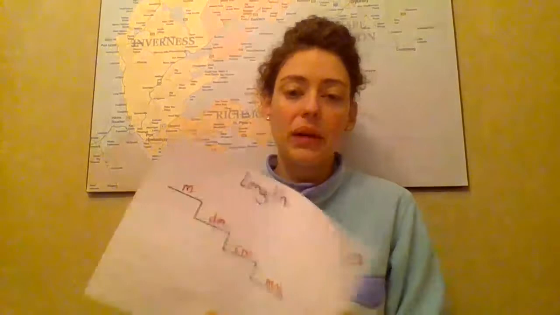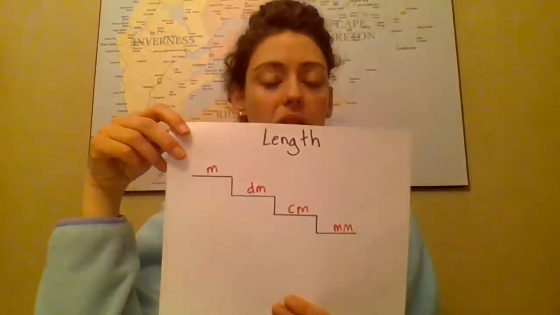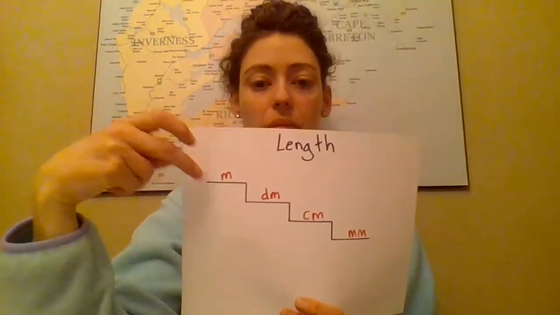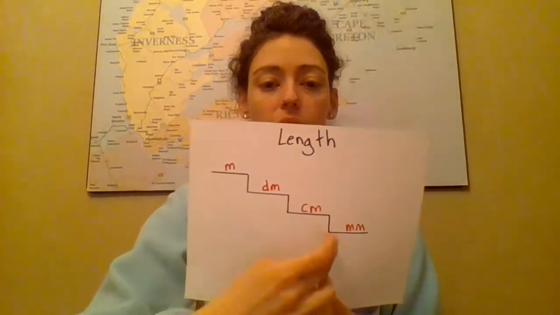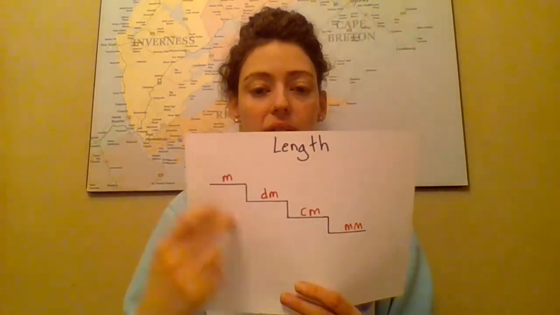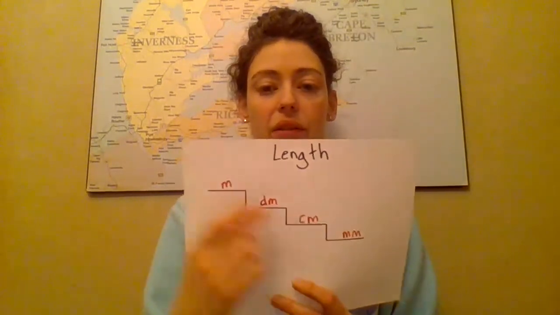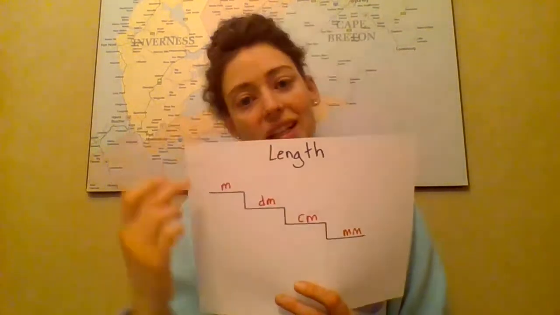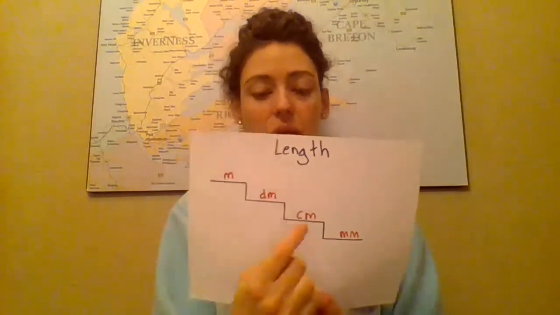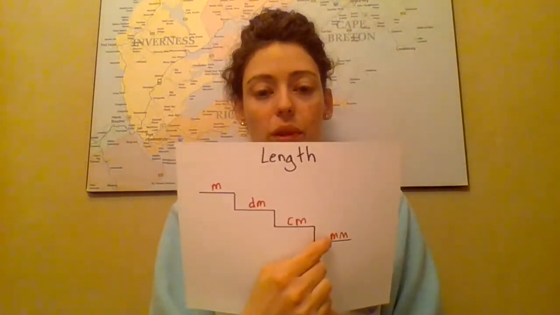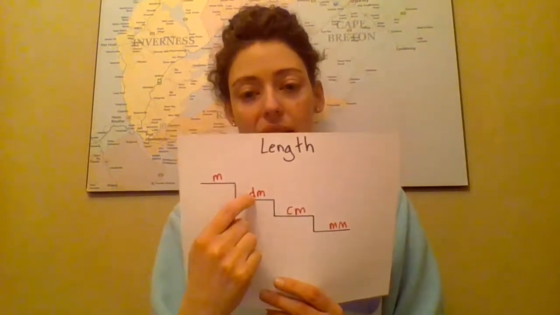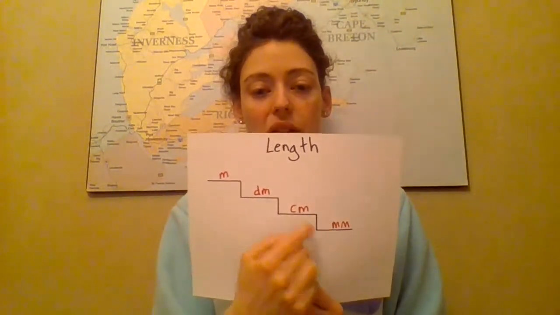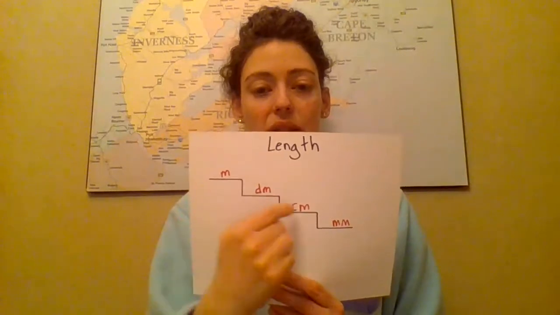Okay, and then just getting back to length for a second. We talked about kilometers, meters, and millimeters. So we know that between millimeters and meters is times 1,000. So you need 1,000 millimeters to make 1 meter. But there's also other steps in here. So millimeters, and we often use centimeters. We don't use decimeters as often, but that's the next step, and then meters. And each of these steps are 10 times different.